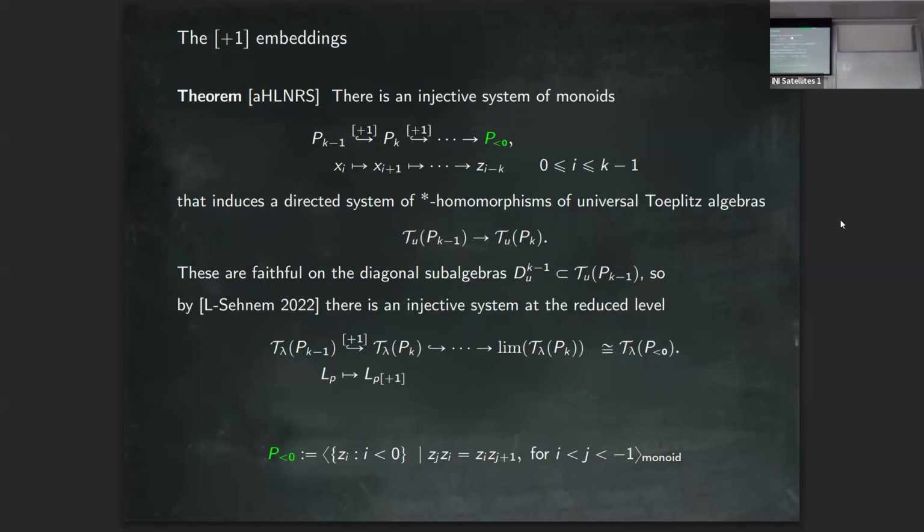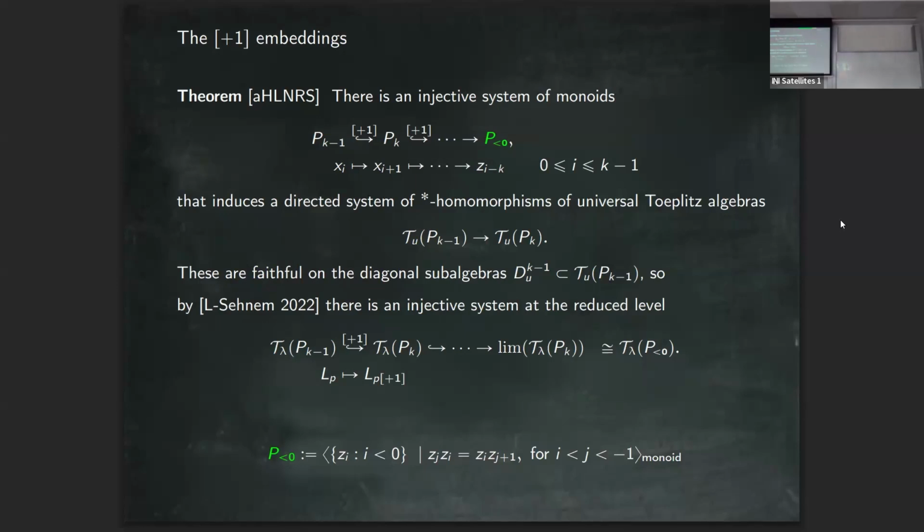Small detail, the limit is a new monoid. This green thing here, I'll tell you in a second what it is, but it's not P. Fortunately, it's not P. And the embedding goes, take a generator, you go to +1. Each time you go to +1. And because you have embeddings of monoids that preserve the ideals, the constructible ideals, abstractly, you have a direct system of homomorphisms of the universal algebras.